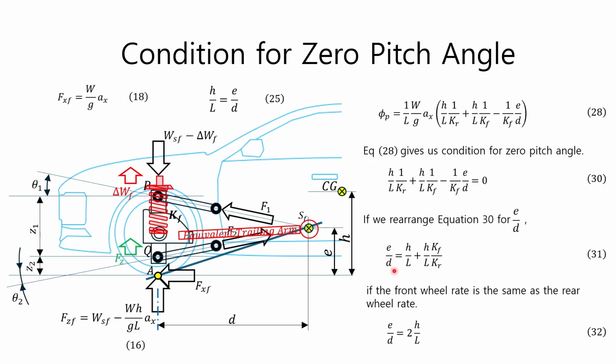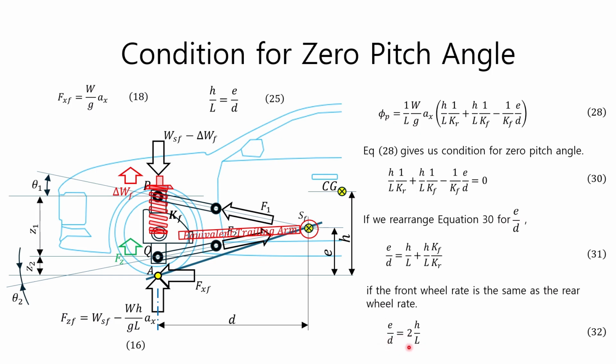From equation 31, if the rear suspension wheel rate is significantly larger than the front suspension wheel rate, the second term of equation 31 can be ignored, so the conditions for zero squat and zero pitch angle are the same. In equation 31, if the front wheel rate is the same as the rear wheel rate, the condition for zero pitch angle can be expressed as equation 32.